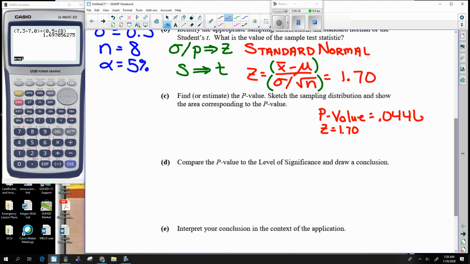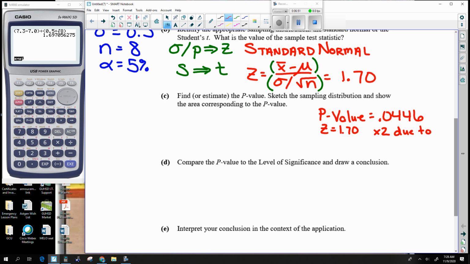Now, this is a very unique problem. Usually that is the p-value and we can move forward from there. This is unique because this is a two-tail with a z-score. It has to be a two-tail with a z. And when it's a two-tail with a z, we multiply this p-value by 2. It's probably not going to be this way on the test, but I've got to give you the heads up.